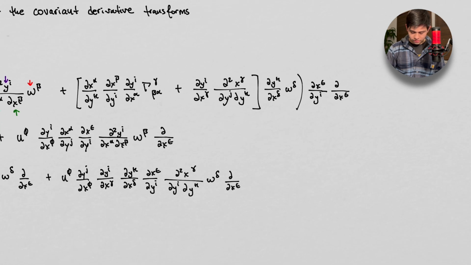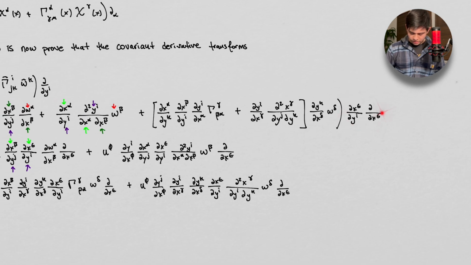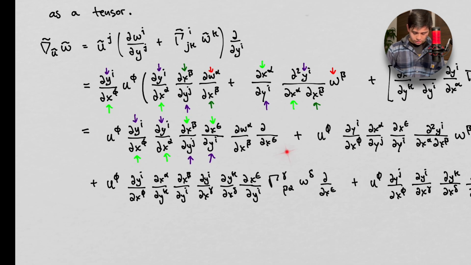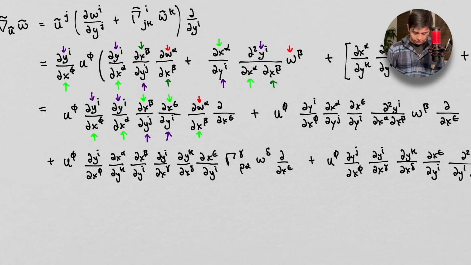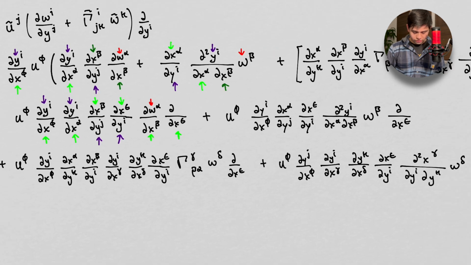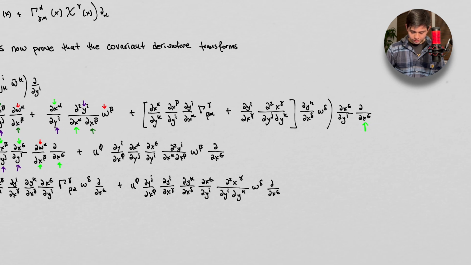So that guy is going to be out here. So when we multiply all this out together, we get this right here, right? So here's our omega. Here is our x beta. And then another x epsilon, right? So x epsilon is right here. All right.